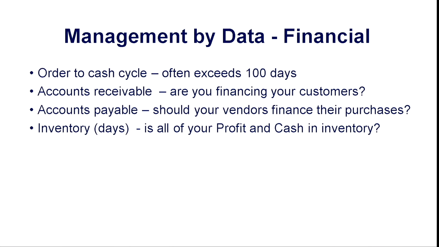Inventory is another example. Is all of your profit tied up in your inventory? As a manufacturer, I always wanted to have a lot of inventory so I could respond quickly to sales, so I could respond quickly to produce a product. But we talk about optimizing inventory. Again, not minimizing, but optimizing. What's the right balance?